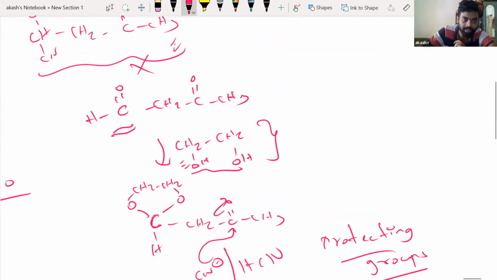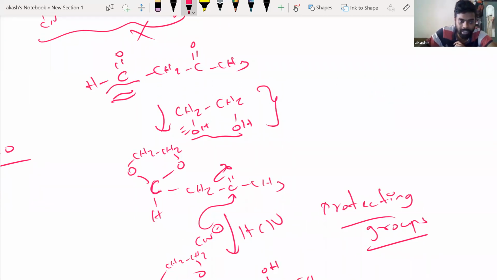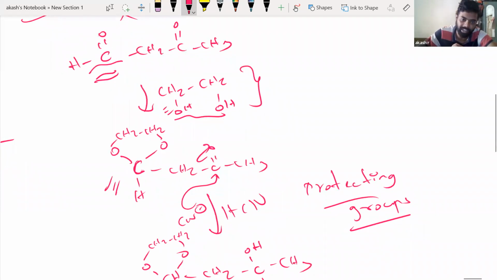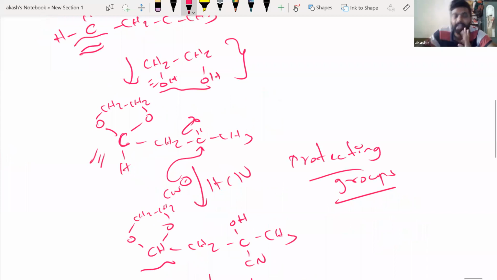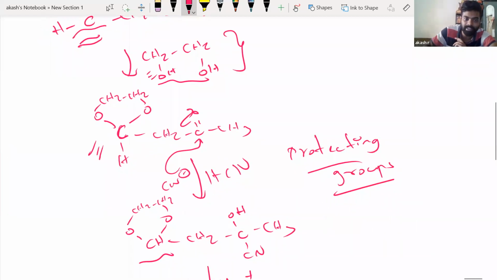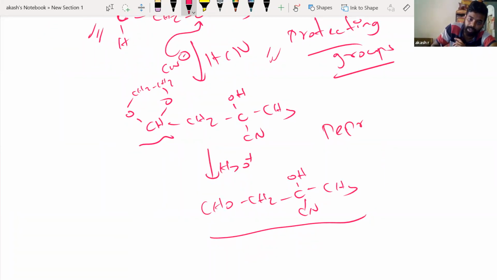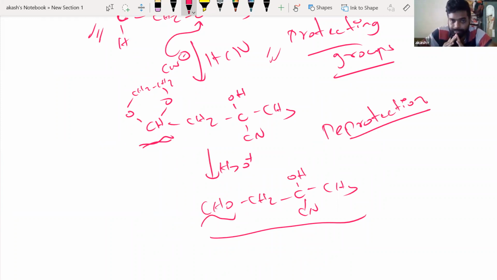In this case, I don't want this to react, so I protect it with this glycol, so that acetal formation happens, and then you do whatever reaction you want, HCN or otherwise, and then this step is what is called your deprotection step. In the deprotection step, whatever was protected goes back to its original form.